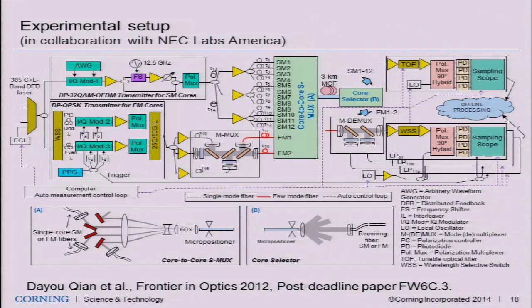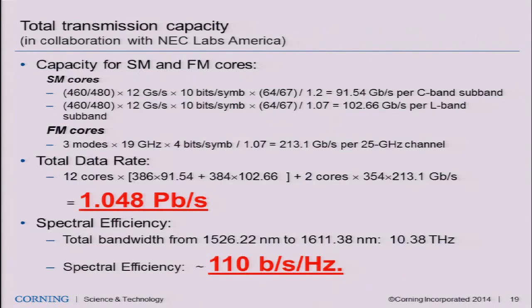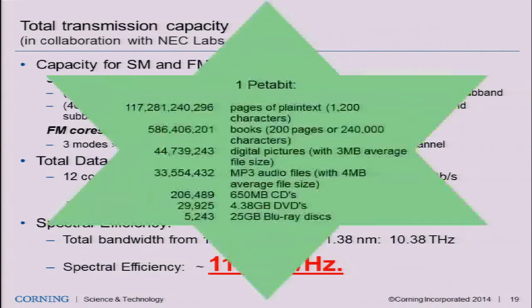This is the experiment diagram, which I'm not going to explain in detail. I just want to show the result. The experiment showed a record of 1.05 petabit per second transmission, with a spectral efficiency of 110. Both set a new record.